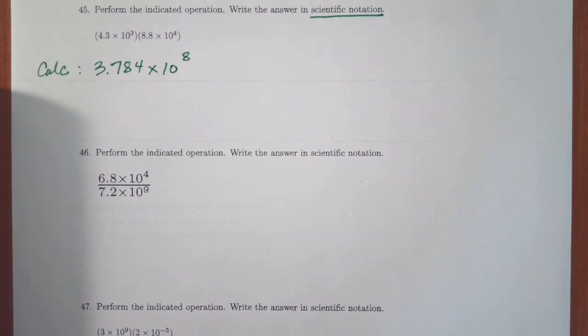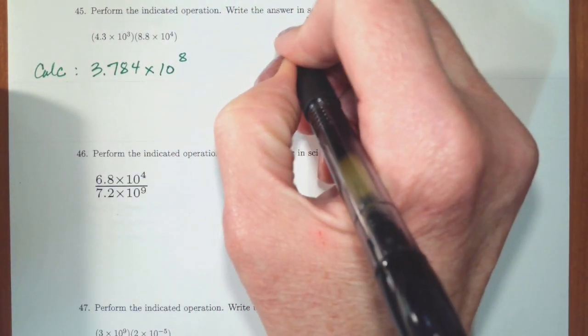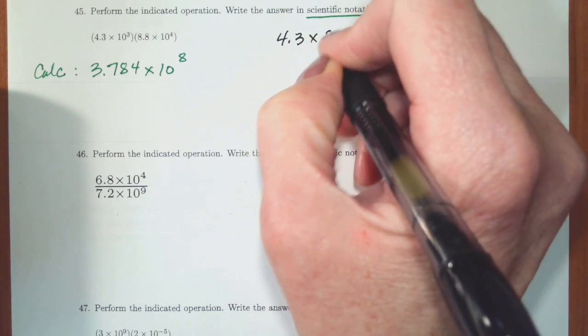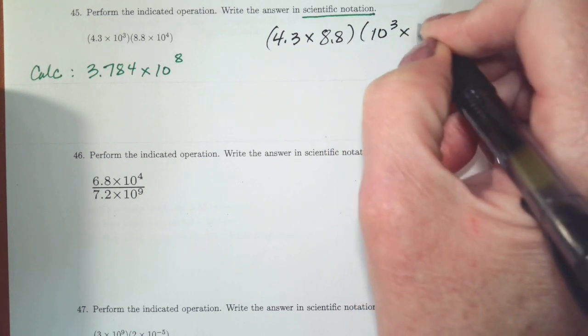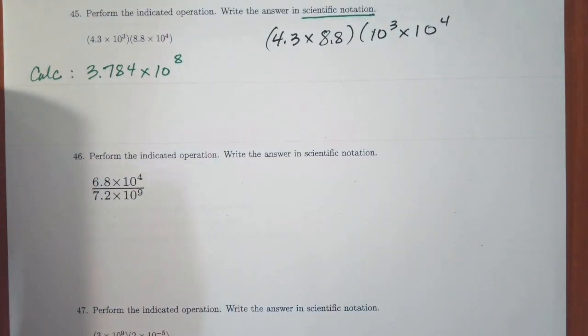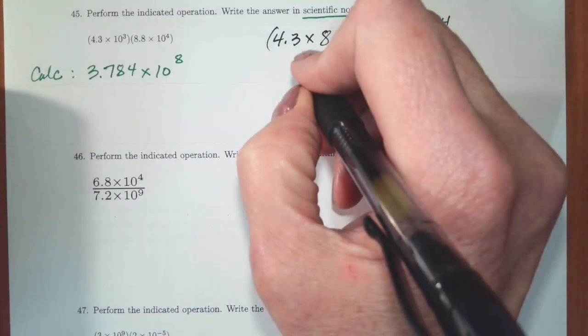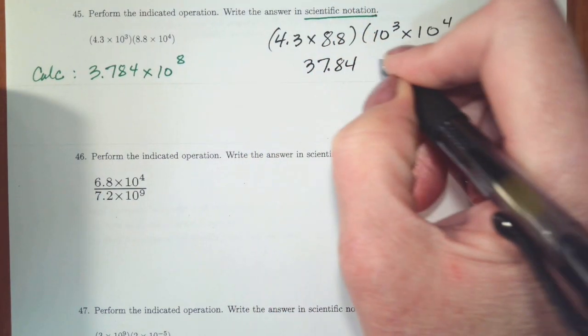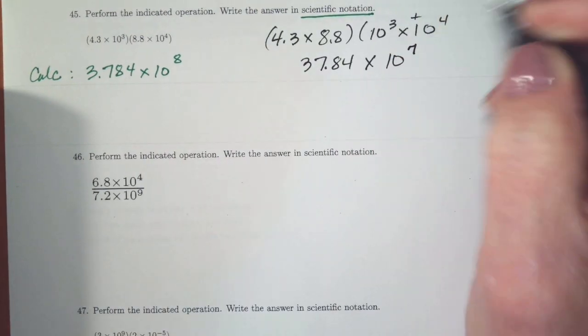Now, if you don't know how to do that on your calculator, or you just want to do it by hand, I would rewrite this as 4.3 times 8.8 times 10 to the third times 10 to the fourth. So if I do 4.3 times 8.8, that's going to give me 37.84 times 10, and I just add the exponent since the bases are the same, to the 7th.